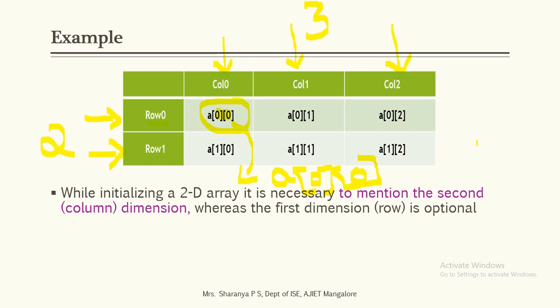In the same way, while storing also, we have to proceed in the same manner. And here, one major care we have to take: when declaring the 2D array, we have to mention the second, column dimension. That is, the second index we have specified is responsible for mentioning the columns.